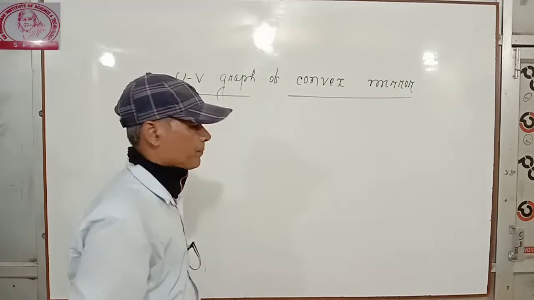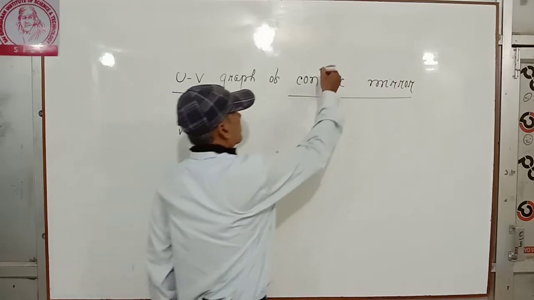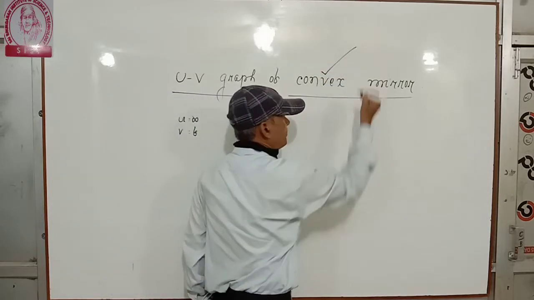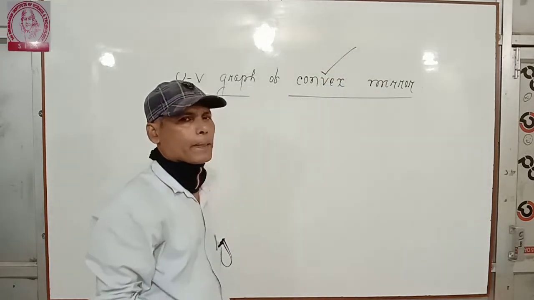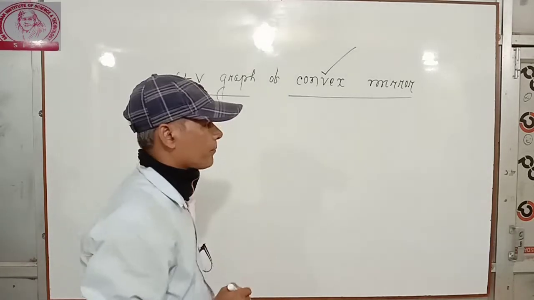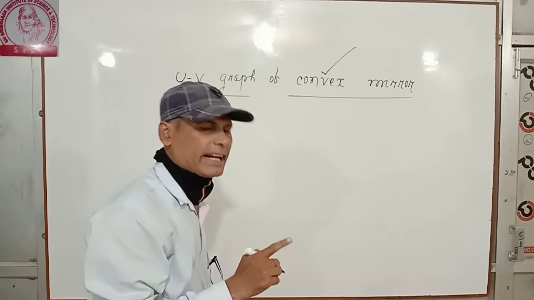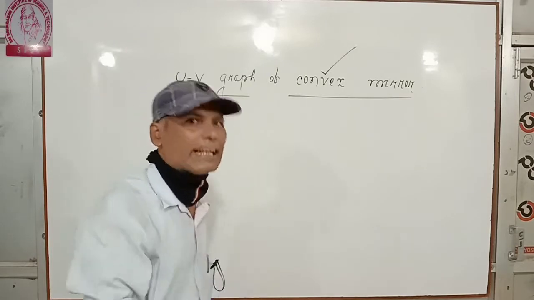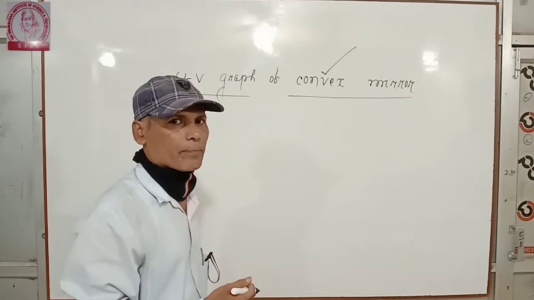In notes for convex mirror, I have drawn all the ray diagrams in descending order, not in ascending order.